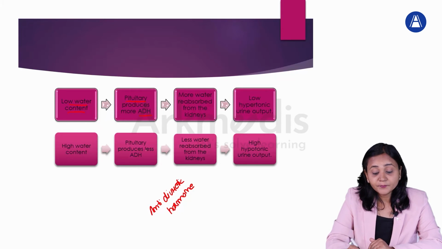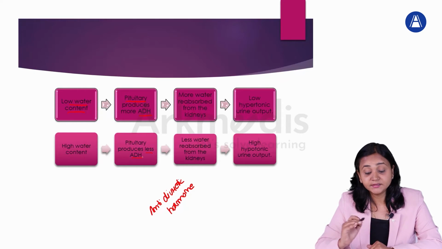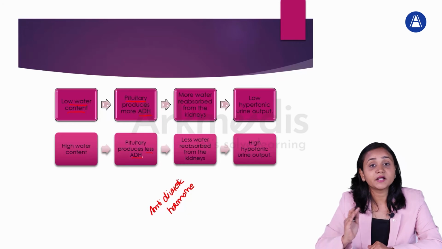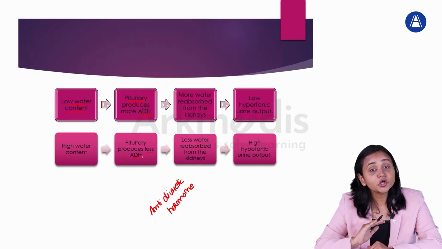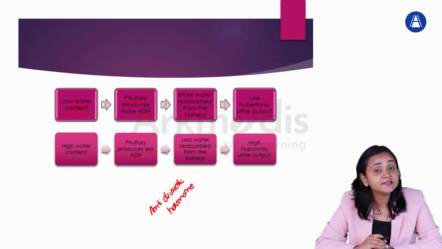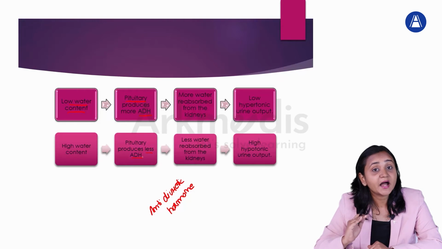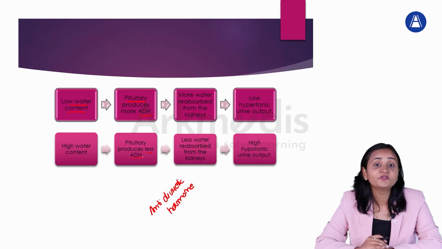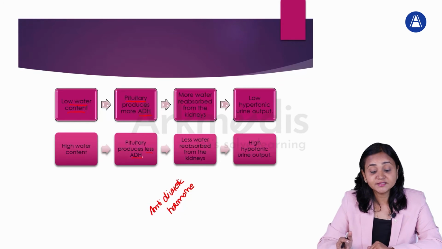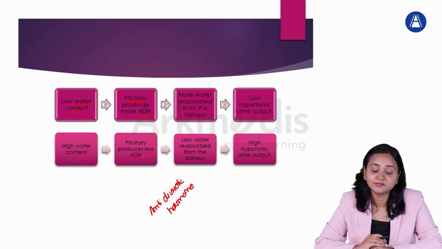It will produce less amount of antidiuretic hormone. Now, the signals will go to the kidney not to absorb a large amount of water. What will happen when there is lesser absorption of water? More amount of water will be released outside the body. This will result in the formation of hypotonic and large amount of urine output. So, in this way, our kidney helps in the process of osmoregulation.